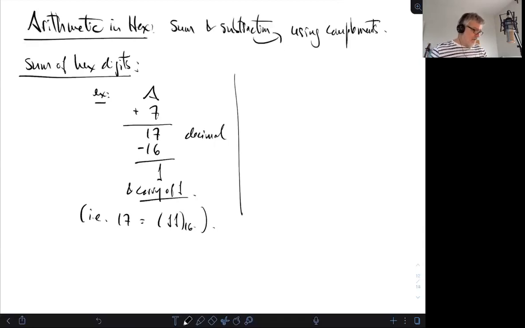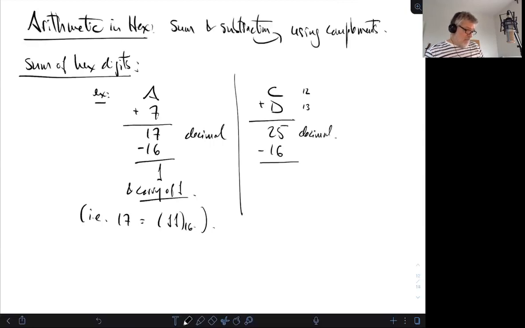Okay, here's another one. Let's say I have C plus D when I'm doing a sum of two numbers in hex. So what is that? C is 12, right? D is 13. So it'll be 25 in decimal, right? And I want to write this whole thing in hex. So I remove 16.